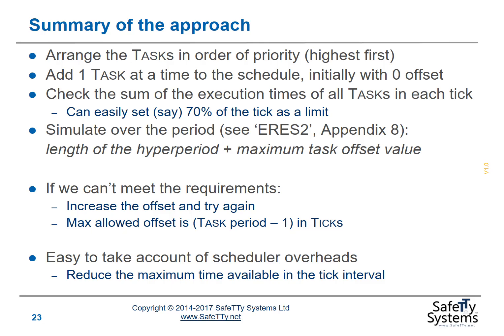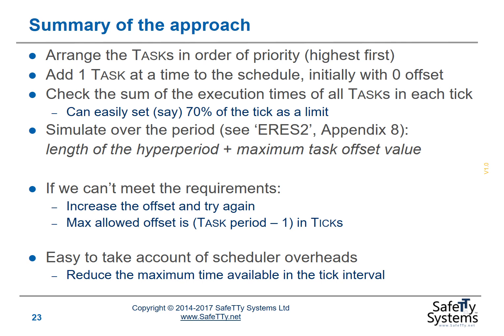We simulate the task set over the period that's given by the length of the hyperperiod plus the maximum task offset value. And we describe how to create a dry scheduler that would be appropriate for doing this kind of thing in ERES2 Appendix 8.